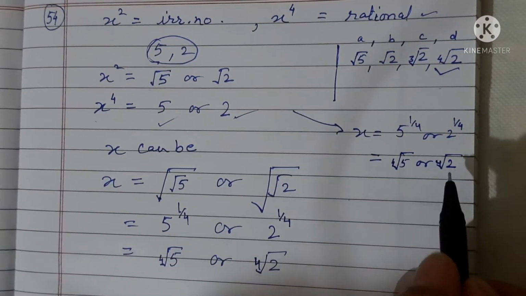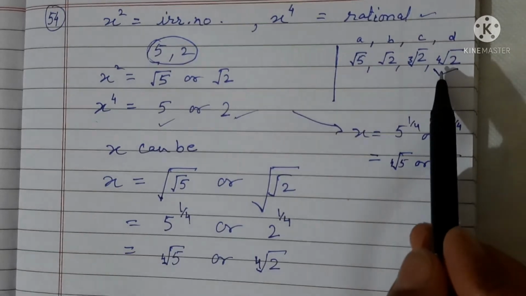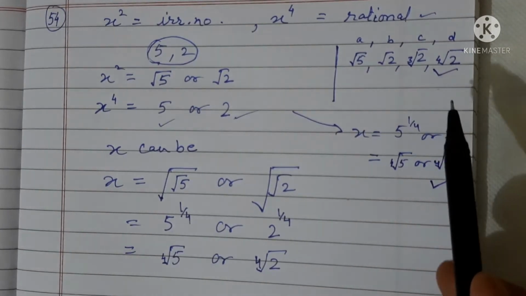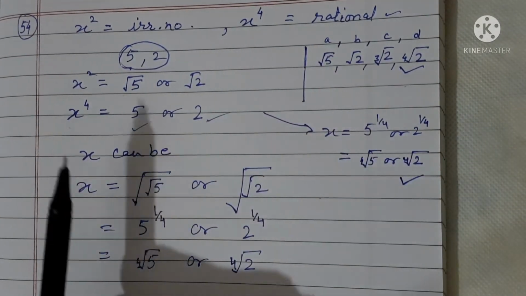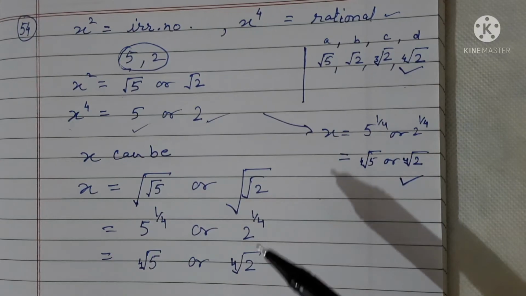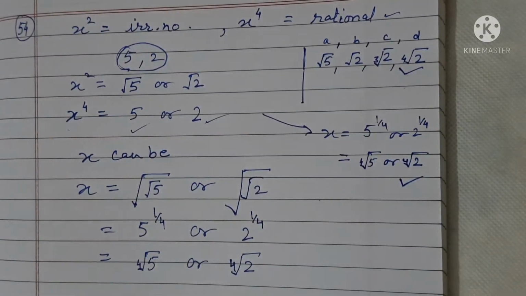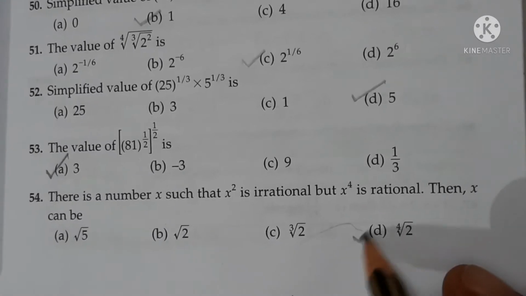So in the options this is matching, therefore option D is correct. This is not difficult. First you understand the concept, then you can do this question very fast. Take the option D.